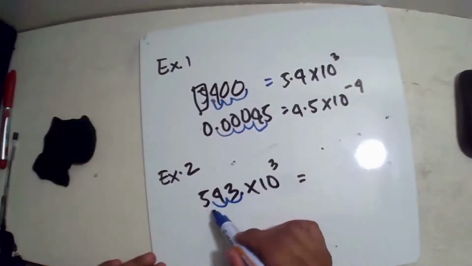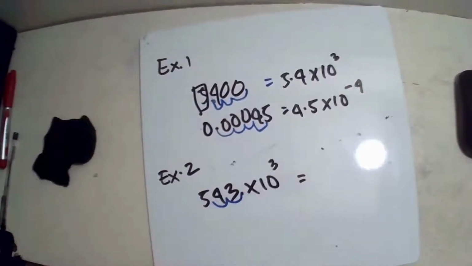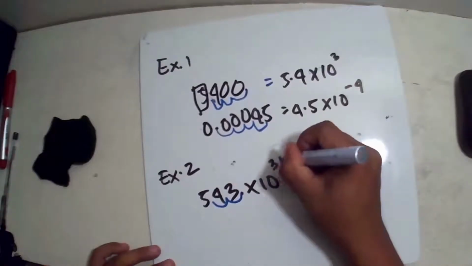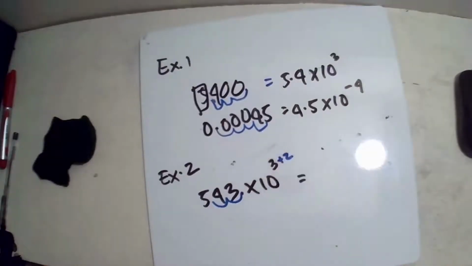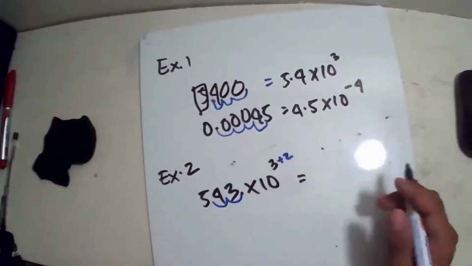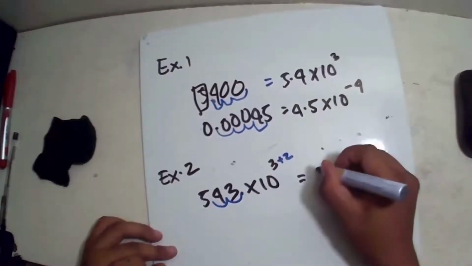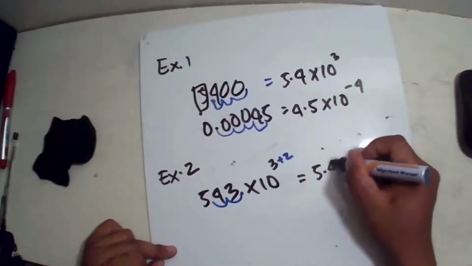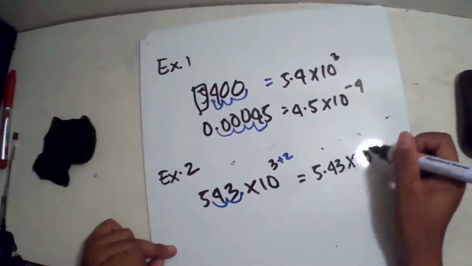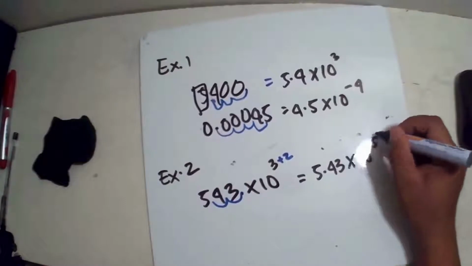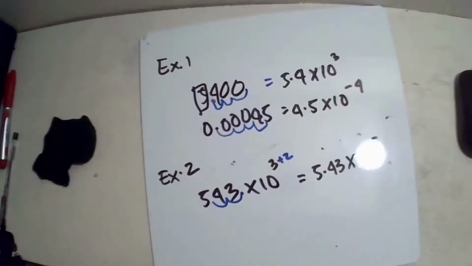So how many movements do we have? 2. This movement will now add to the existing exponent of that scientific number. So this becomes 5.43 times 10 raised to positive 5.